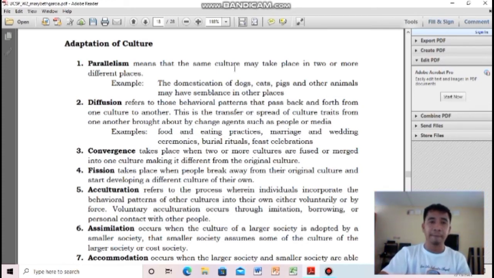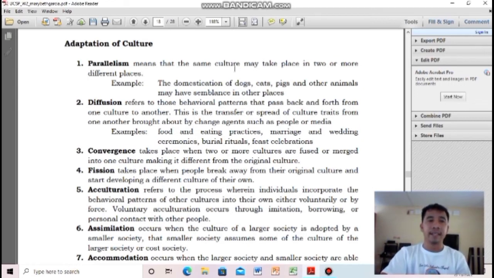So, example, domestication of dogs, cats, and pigs, and other animals may have resemblance in other places. No, ang pagsagod sa ido, mga kasapatan sa panimalay is example of parallelism, no? Nga nakatabo man sa ibang nga society, no? Sa ibang nasyon, sa ibang lugar.